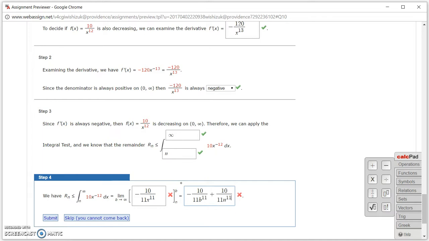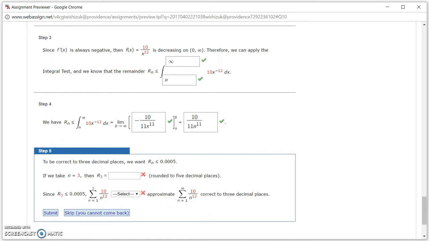There's no limit yet, so b is going to infinity. Since b is going to infinity, the first term goes to 0, 10 divided by a really big number. So after the limit, this term is 0, and you end up with just that. Let's submit. We got step 4 correctly.